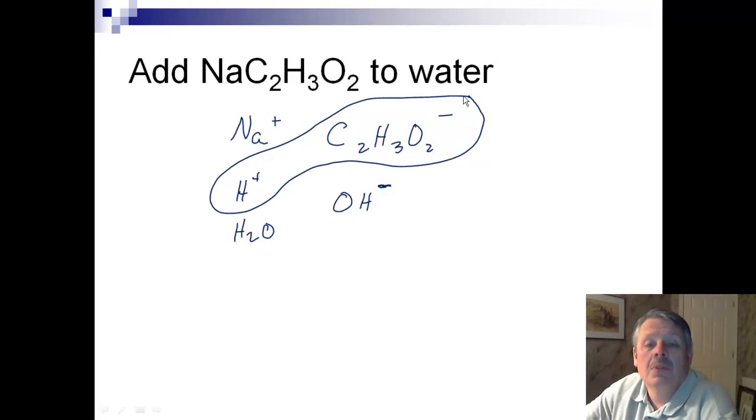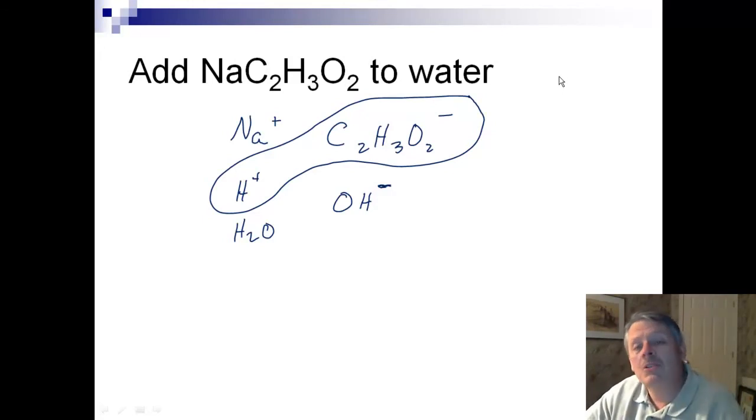Sodium came out of sodium hydroxide typically, which is a strong base, so it completely dissociates, but the hydrogen and the acetate get together and form acetic acid. They form it as a compound in the water.